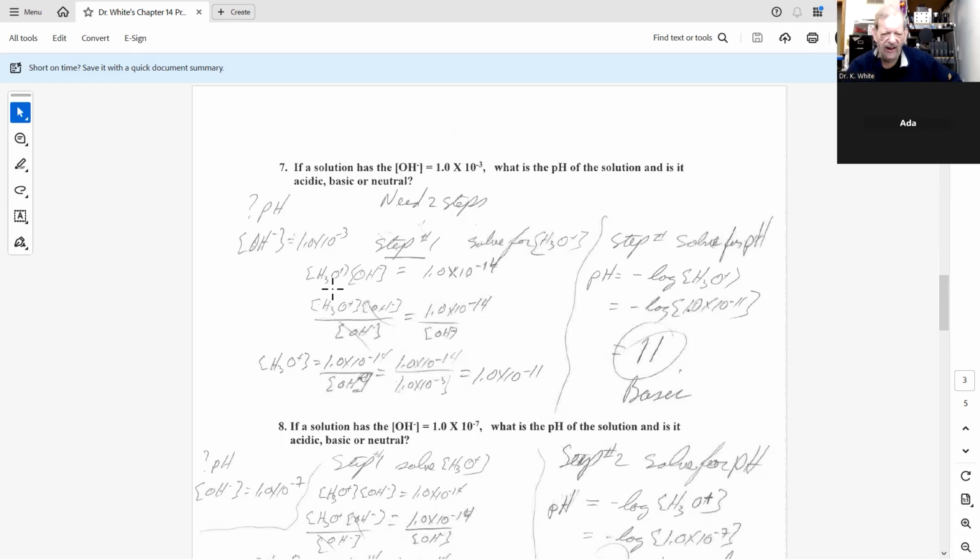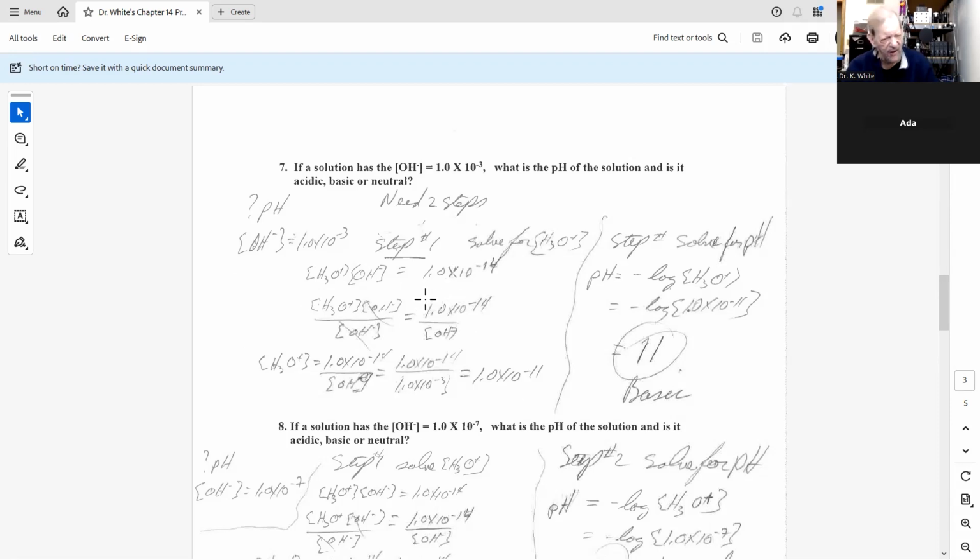I want to solve for H3O plus, get rid of OH minus, so I divide by it. Whatever I divide on one side, I divide on the other. This cancels out. Here we have hydronium equals this over hydroxide. Put the number in, you get 1.0 times 10 to the minus 11.